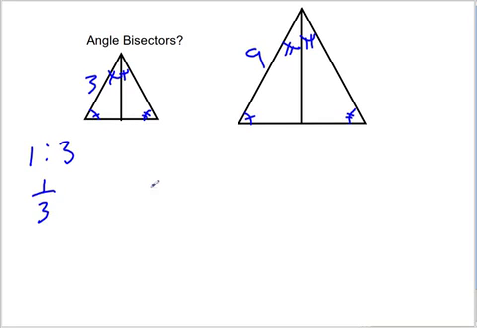And so the question is, are the angle bisectors related in that same way, seeing as how these two triangles are similar by AA? And the answer to that question is, as you probably predicted, yes, they are. So angle bisectors, in other words, this line right here, is proportionally related to this line as long as the two triangles are similar. So those are 3 more corresponding parts of similar triangles that are also proportionally related.